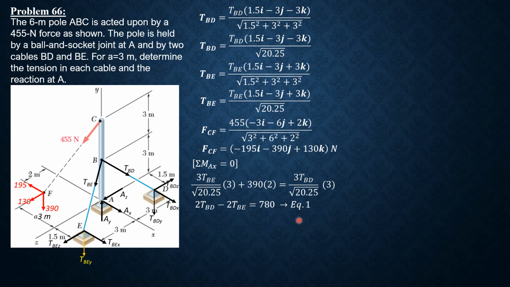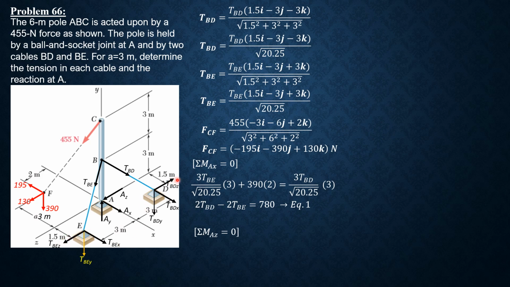Call that equation 1. Then summation moment about AZ equals 0. Then not AY, because if AY, there will be so many components of reactions and tension that are involved.